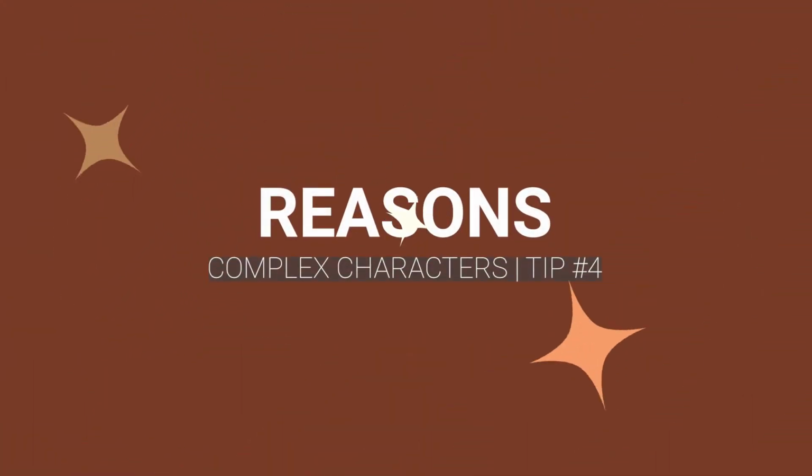So that actually leads me into my next point, which is tip number 4. Give them reasons. Okay? And by this, I mean reasons to do things, reasons to not do things, reasons to be with people, to say the things that they say in their conversations, because no one does anything without a reason. Even if that reason is, I'm going to do this for the hell of it, that's fine.